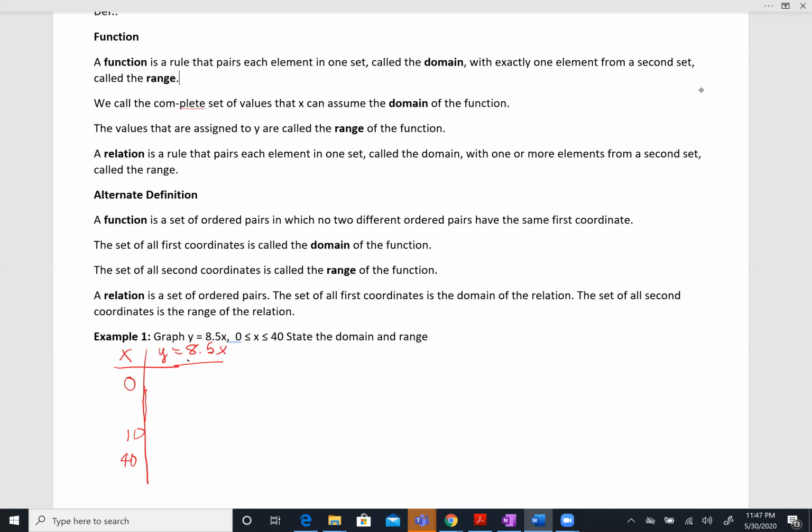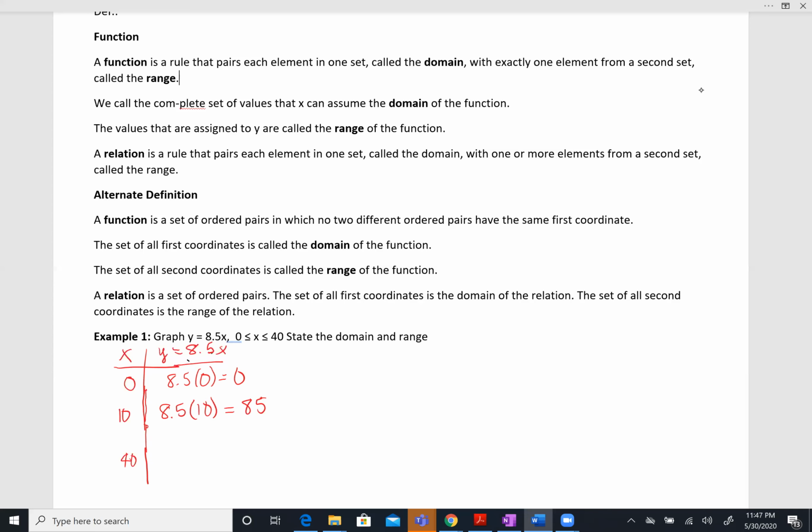So for x equals 0, what do I have for y? I'm going to have 8.5 times 0, which is equal to 0. Okay, and then for x equals 10, I have 8.5 times 10, and that's going to be 85.